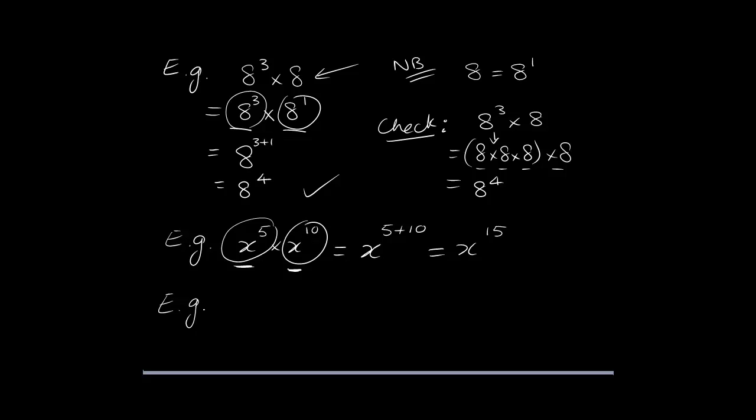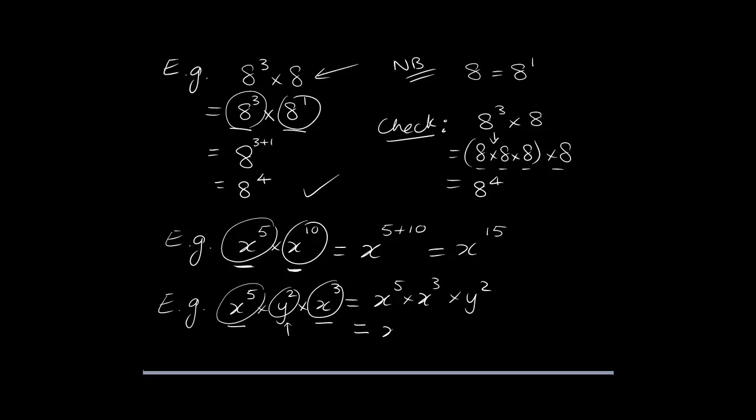Okay. The only time the index law 1 does not work is if the bases are different. So if you had something like x to the power of 5 times y squared times x to the power of 3, okay, yes, we're trying to multiply all of these powers, but only this base and this base are the same. This one is different, which means that sure, I can multiply the x to the power of 5 and x cubed using the index law 1.